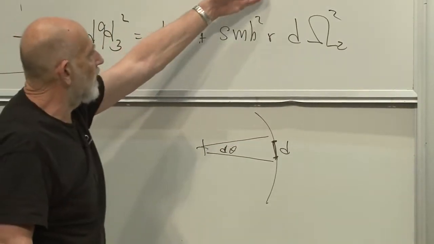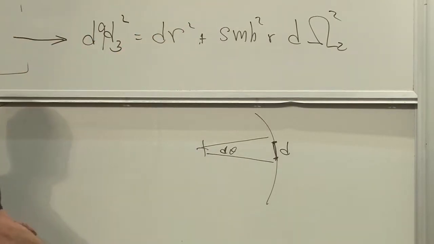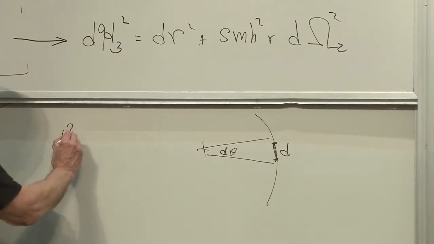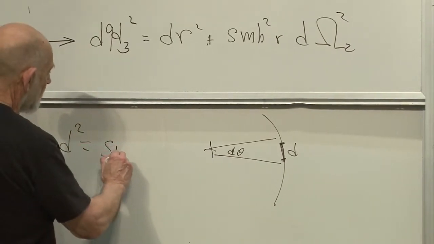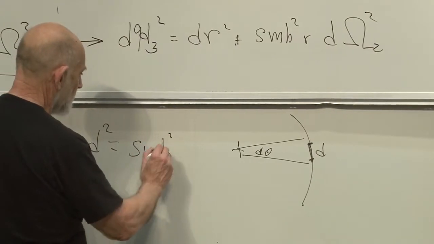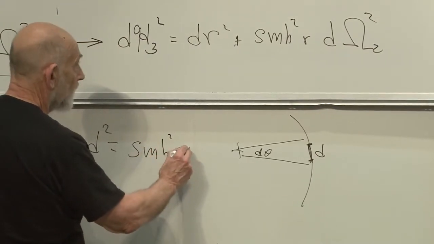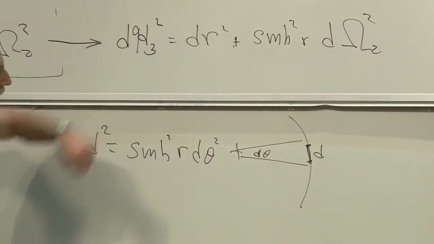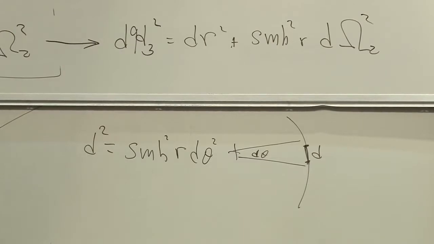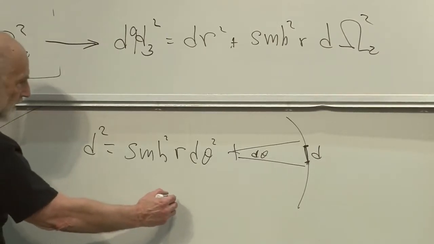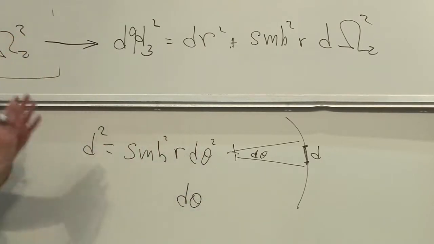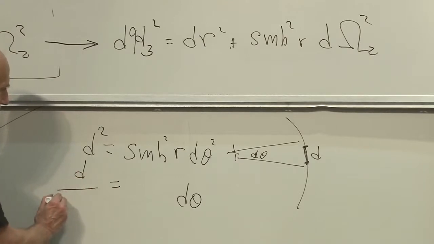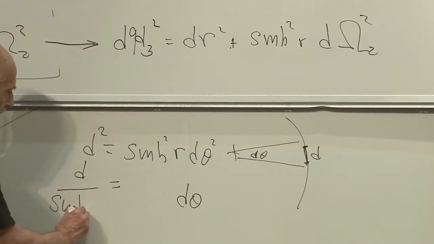We can replace the omega 1 squared as just d theta squared. The intrinsic size is d squared, and that should equal sinh of r squared times d theta squared. The theta squared is the same as the omega 1 squared. Or just d theta, the size in the sky, is equal to d divided by sinh of r.